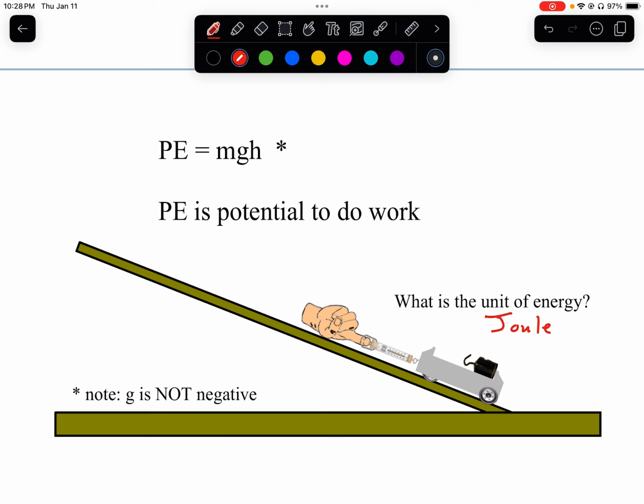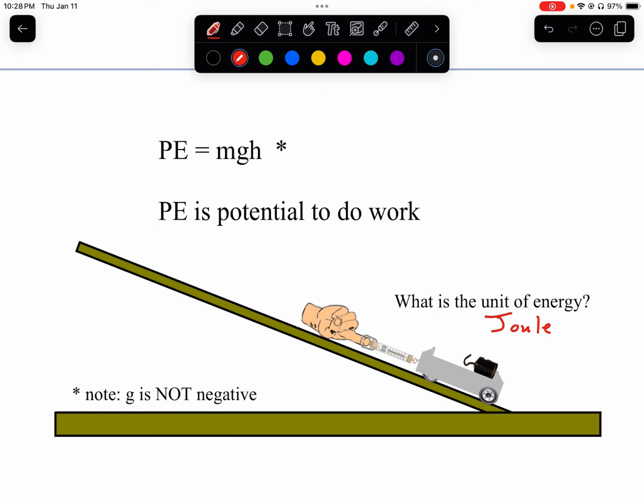I lose $10 versus I have $5. Whether I'm talking about the change in or the value, the unit is the same. It would be the dollar. When we talk about work and energy, it's the same thing. Whether I'm talking about the change in energy or the value of energy, I'm talking about the joule. Remember that the change in energy is just the work. So that's kind of neat.